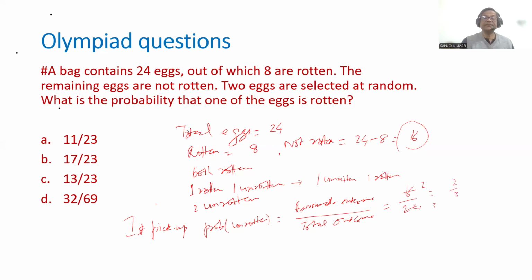And after that, how many are left? 23 eggs. And what are the favorable outcomes? Out of 16, one you have taken out, so only 15 favorable are there. Then in the second pickup, second chance, what will happen, of unrotten? Yes, unrotten.